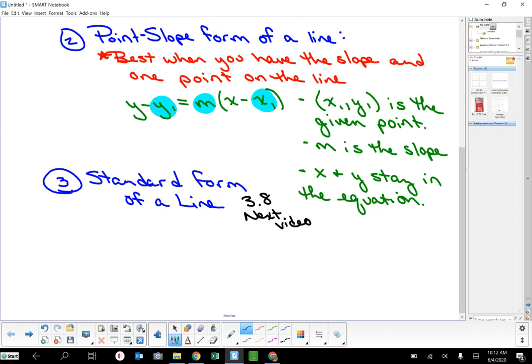But the idea here is standard form of a line looks like ax plus by equals c, where A and B are both not 0. One can be, but the other cannot.